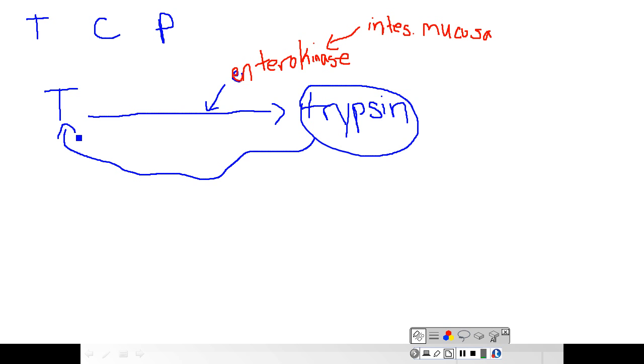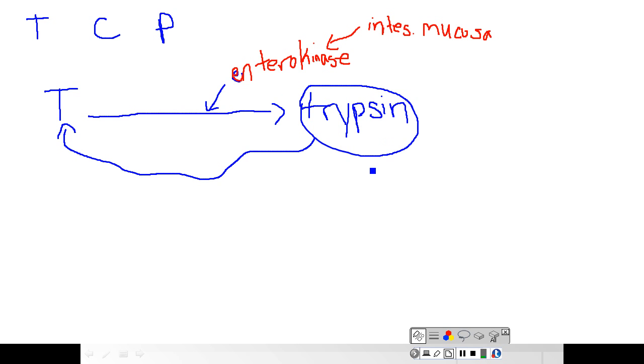So it's basically going to help in converting this T into more of itself. It wants to make more trypsin, so it's going to work in tripling, quadrupling itself.